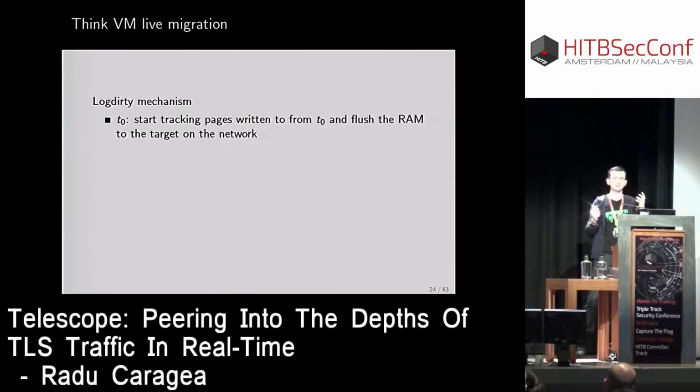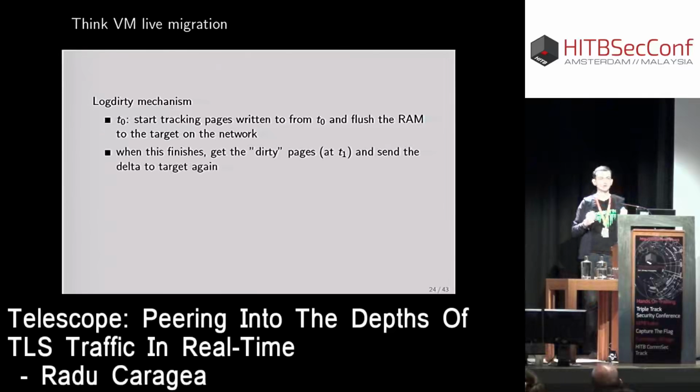It's live migration. So when this transfer finishes, the machine in Amsterdam will have an inconsistent view of the physical memory of the machine in London. So you need to do this iteration again, only with the pages that have been modified. And this log dirty mechanism helps you with just that.